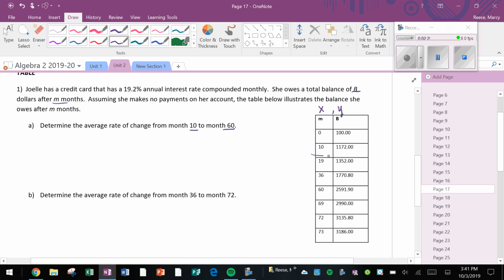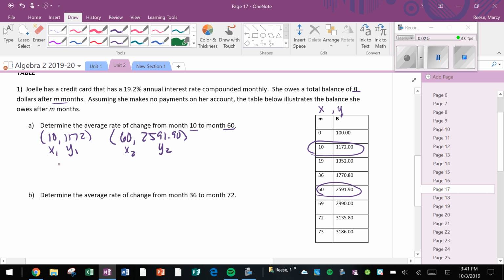So what I'm going to do is grab those points when M is 10 and when M is 60. And real quick, that's my point. We're going to call it X1 and Y1. And this is my other point, called X2 and Y2.